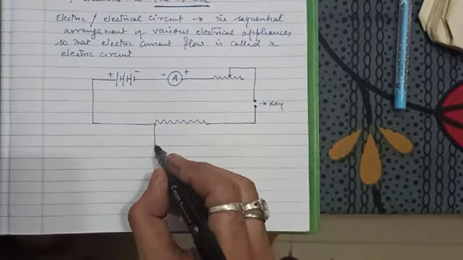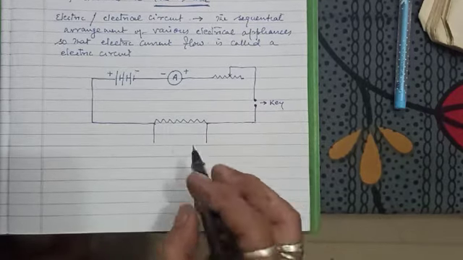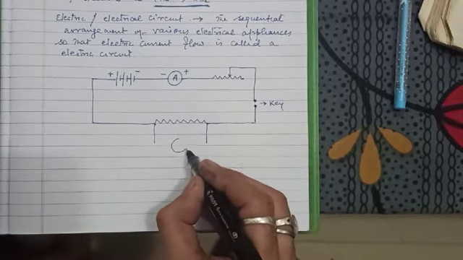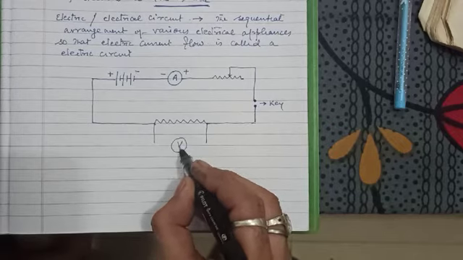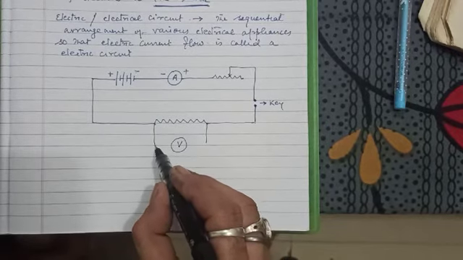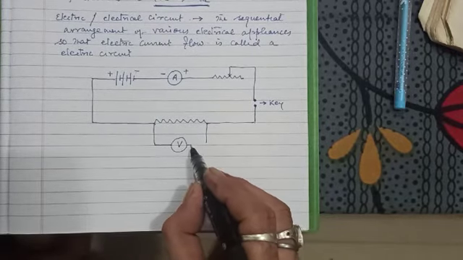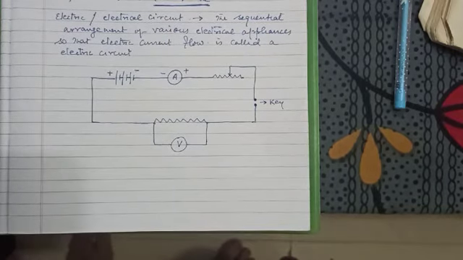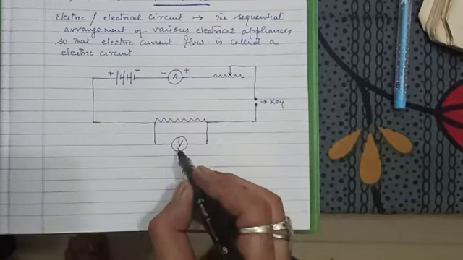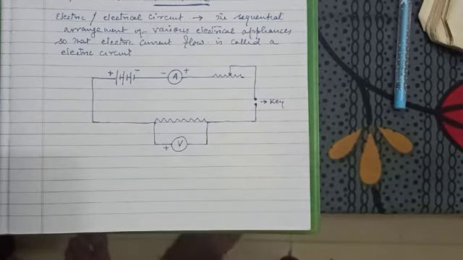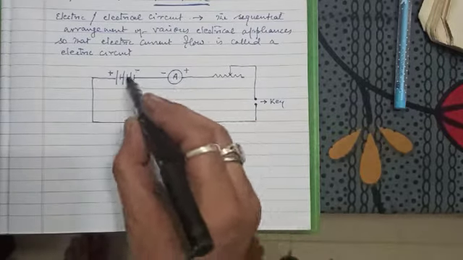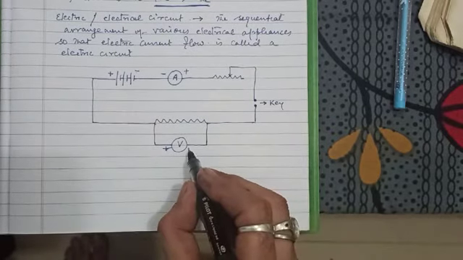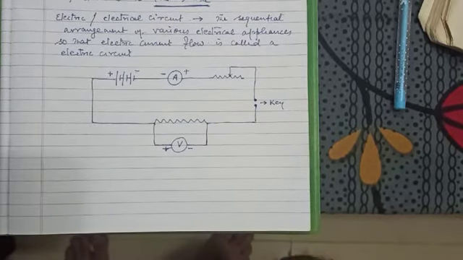and the second terminal of the fixed resistance is connected with the ammeter. Then across the two ends of the resistance we connect a voltmeter, as the voltmeter is always connected in parallel. So this one is the positive, this one is the negative of the voltmeter.